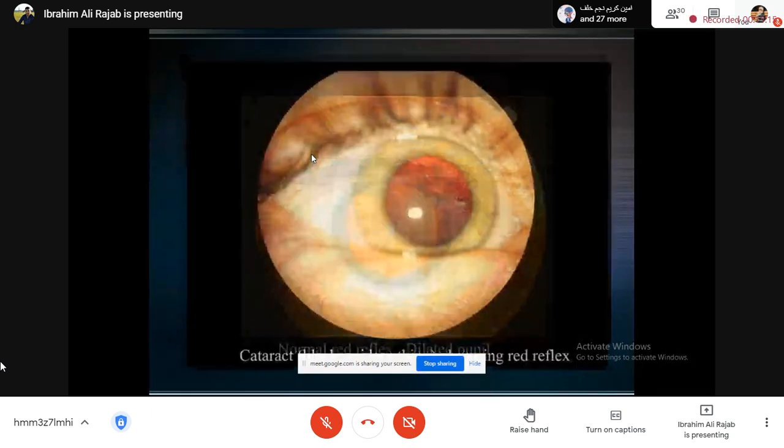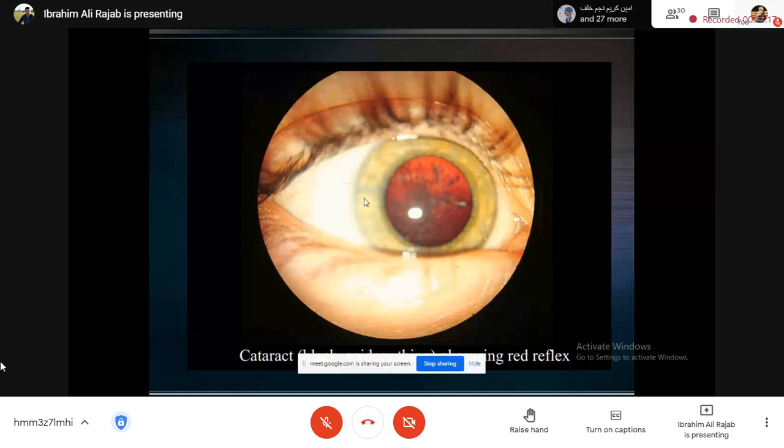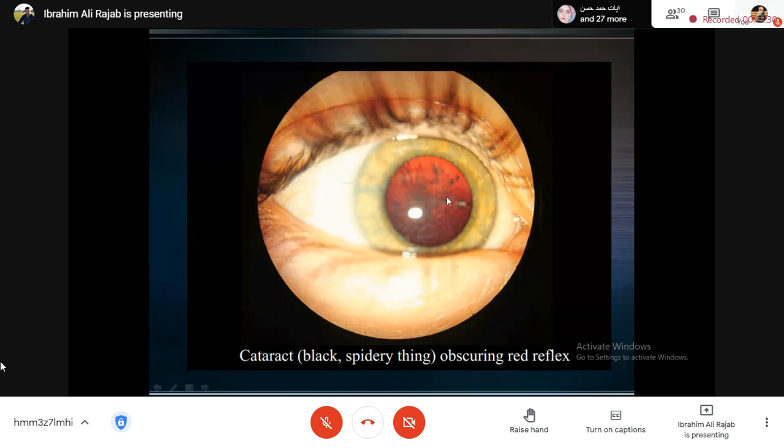If there is any opacity in the media of the light, I mean, if there is opacity in the cornea, any opacity in the lens, for example, or any opacity in the vitreous, it will obscure or will give us an abnormal red reflex. So this is an abnormal red reflex. As you know, there are opacities inside the red reflex.